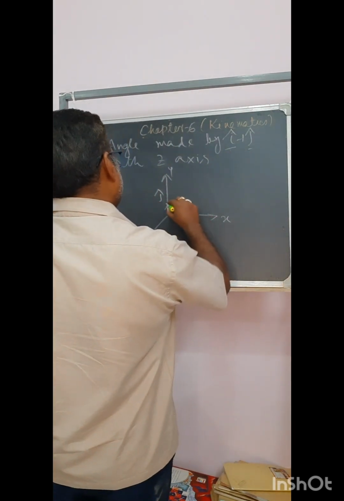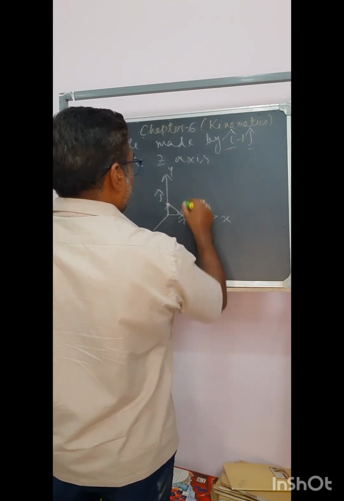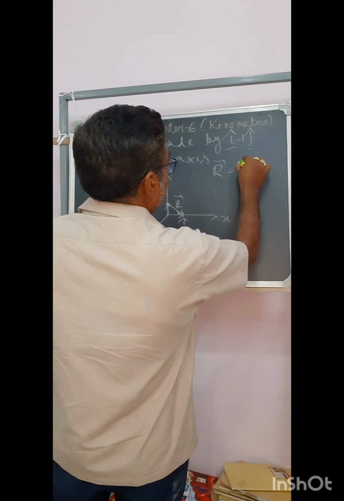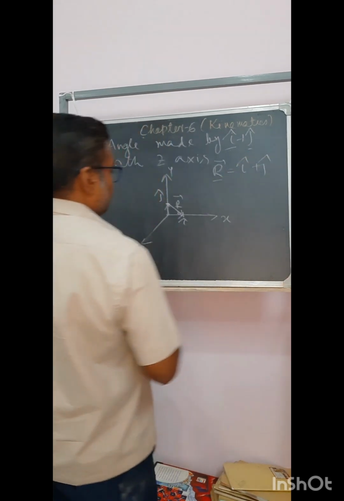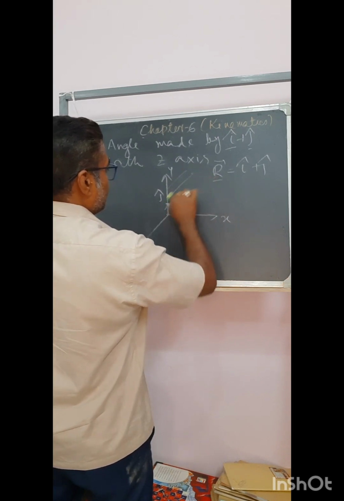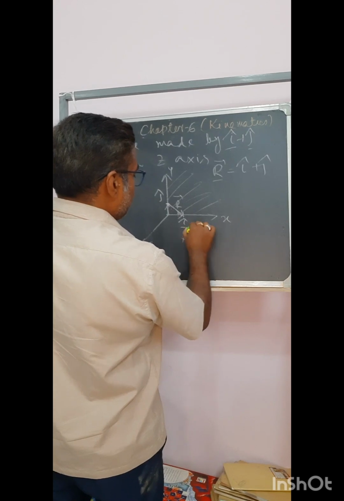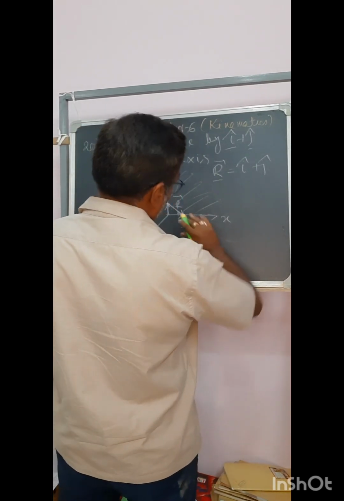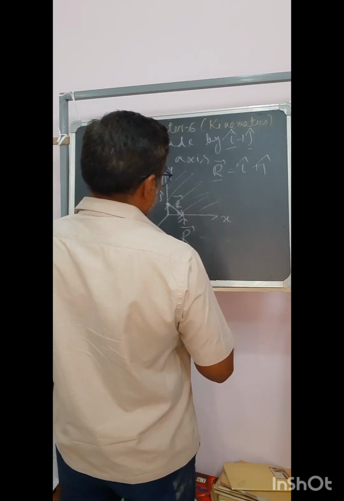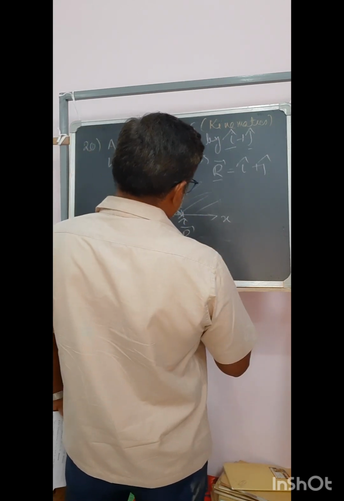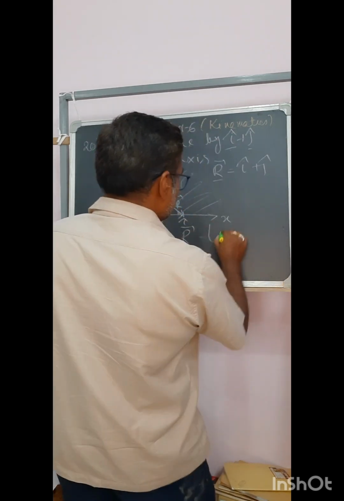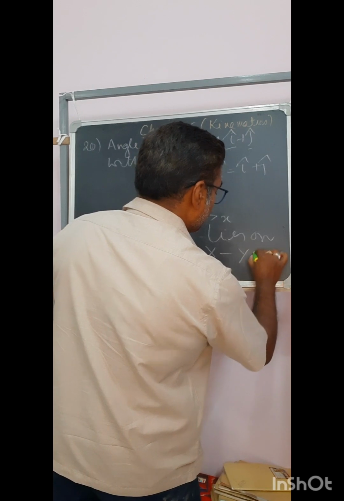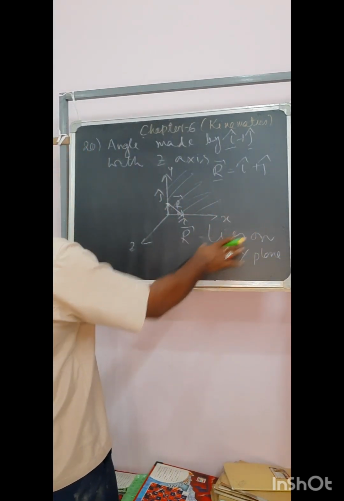The resultant vector R is the summation of the i plus j vectors, and this R resultant vector will lie on the xy plane, the x and y plane. That is confirmed. This lies on the x and y plane.